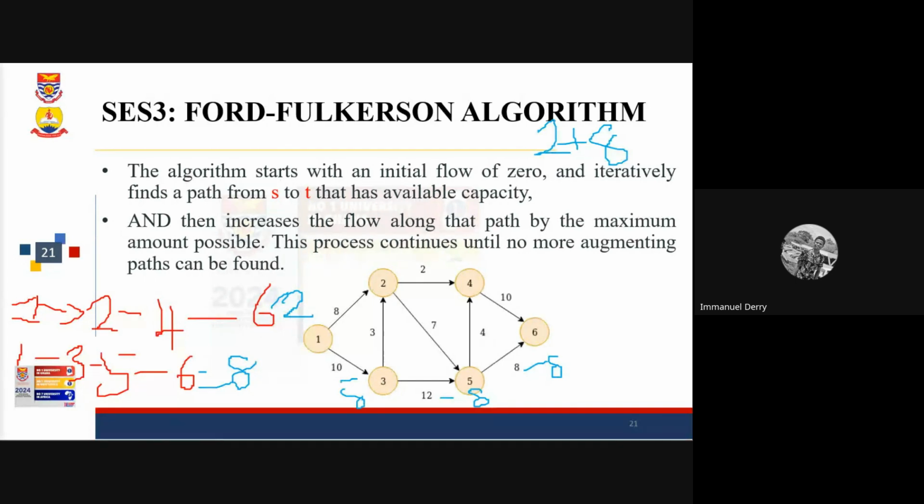So now the new weight on the various edges: from 1 to 3 is now 2, 3 to 5 is now 4.2, and then 5 to 6 is 0. This path cannot be used any longer.